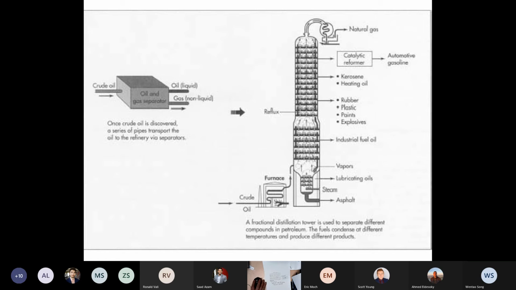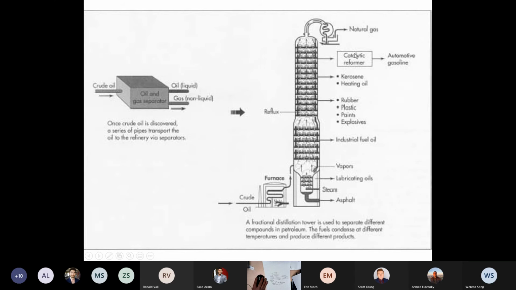So this talks about what happens to crude oil when you pump it out of the ground, and then you want to use it to make gasoline and other petroleum products. What do you do? You put it into a giant distillation tower and you heat it and the vapors go up. And the products with the lowest boiling point go highest in the still.